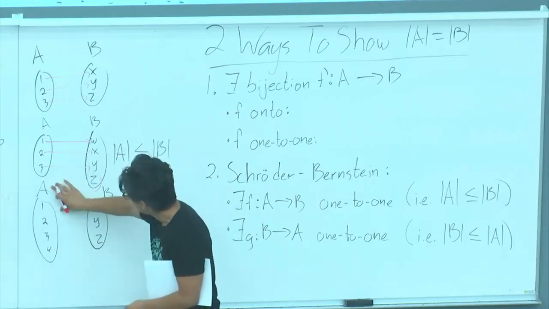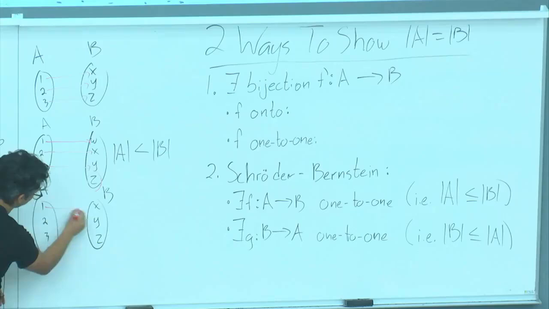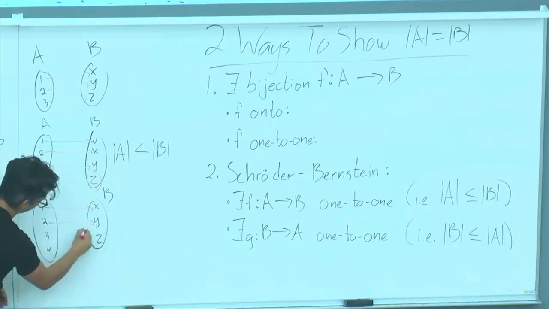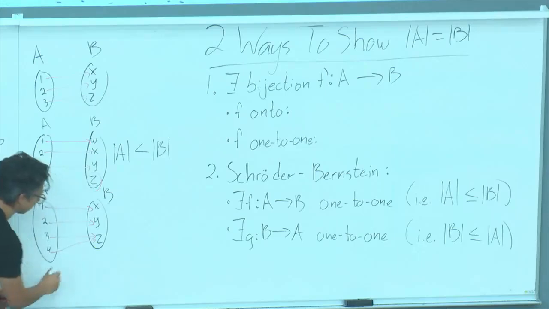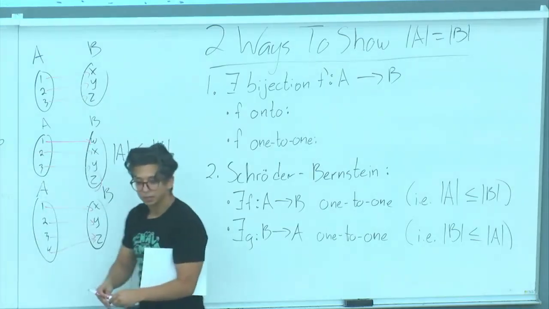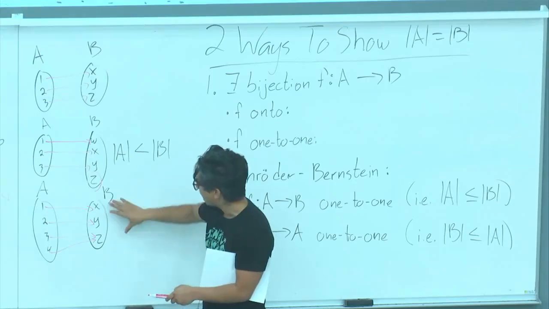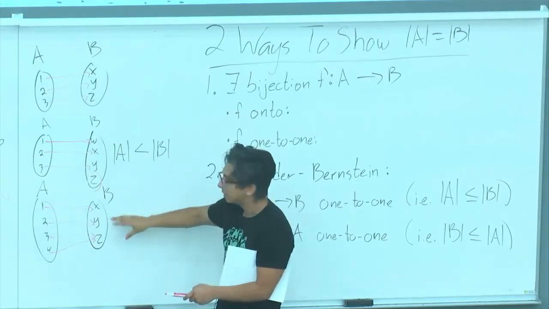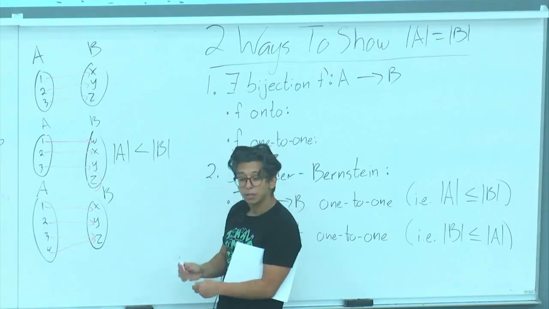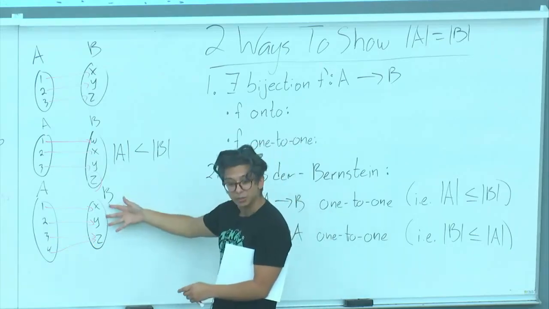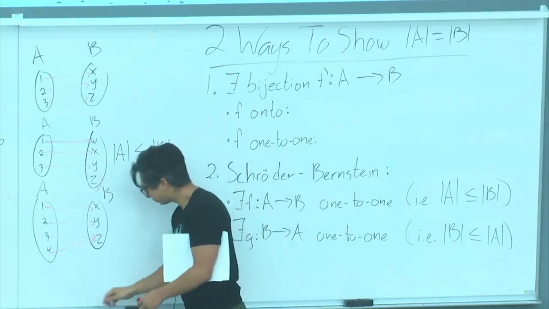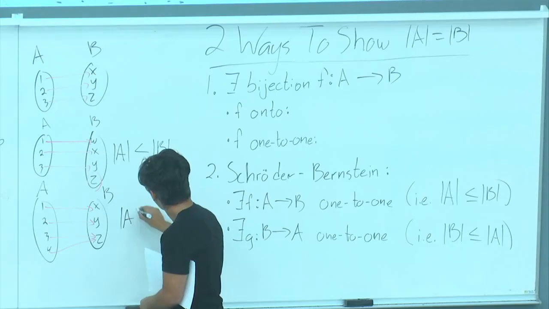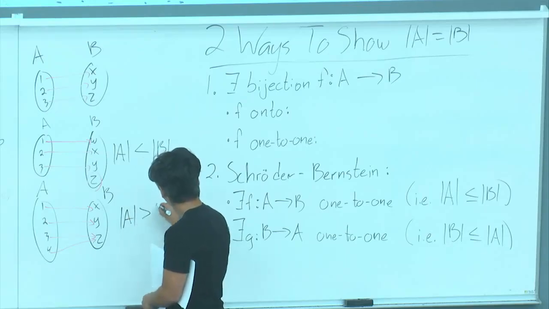So if we try to map A to B, let's say I map 1 to X, 2 to Y, 3 to Z. Well, 4, no matter what I try to map 4 to, it's going to be a collision. There's going to be 2 things mapping to Z, right? That's because there's too many things in A and not enough things in B. There's going to be a collision because B is smaller. We haven't talked about the pigeonhole principle, but this is basically how the pigeonhole principle works. If you have too many things, 2 things are going to collide. And this is the case where A is greater than B.